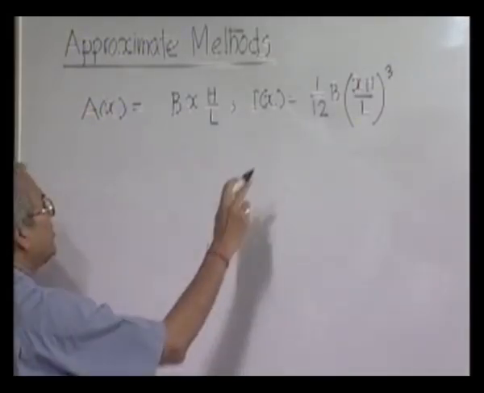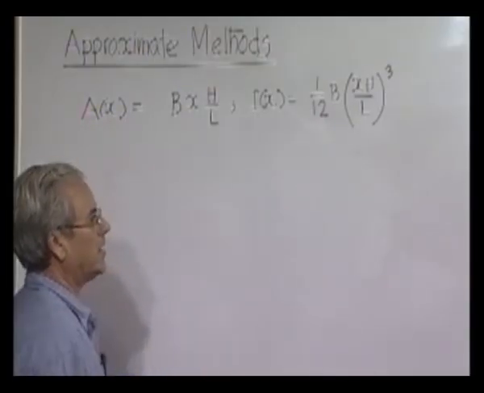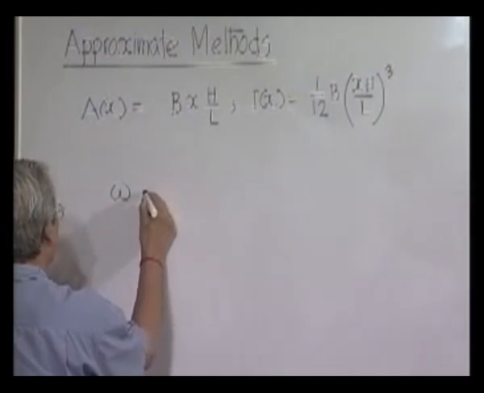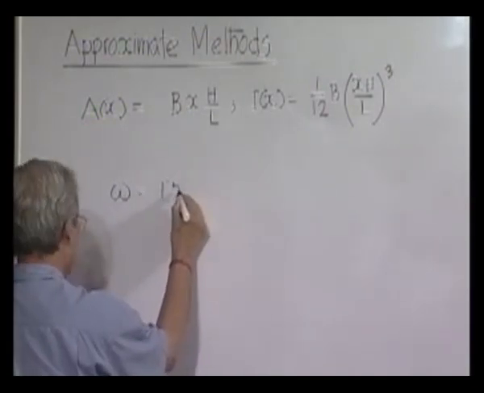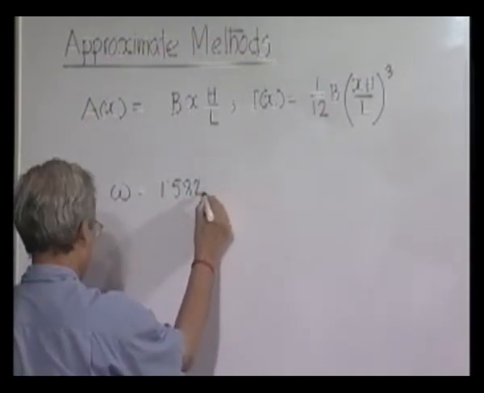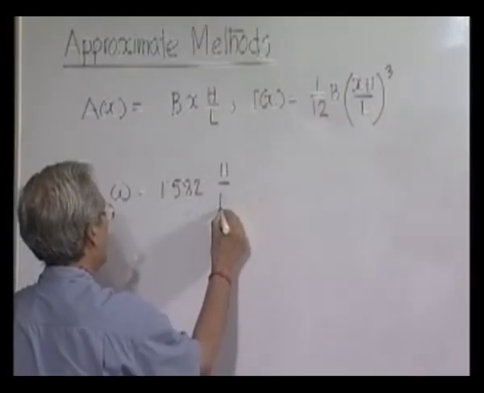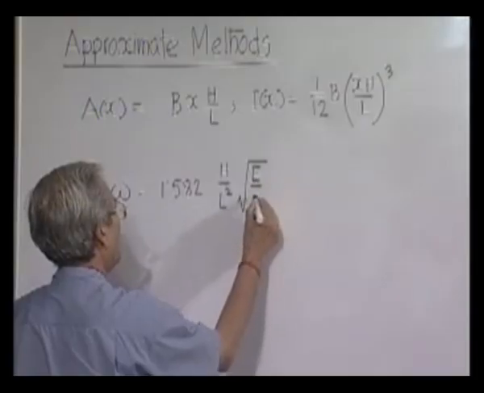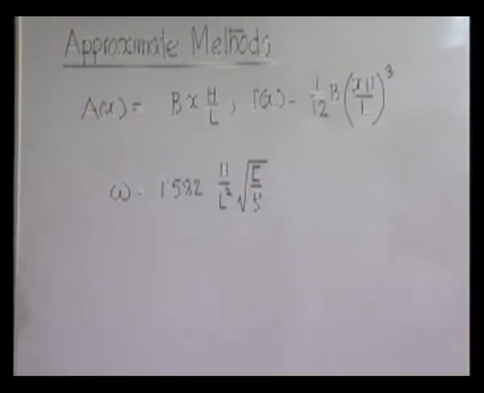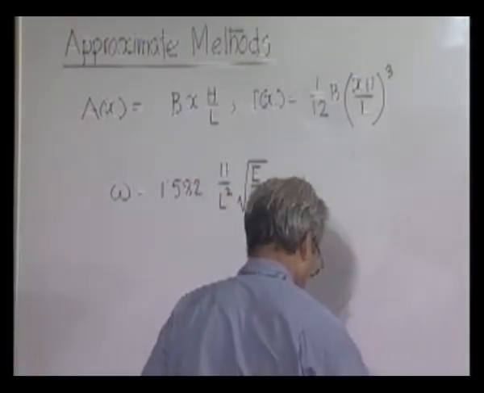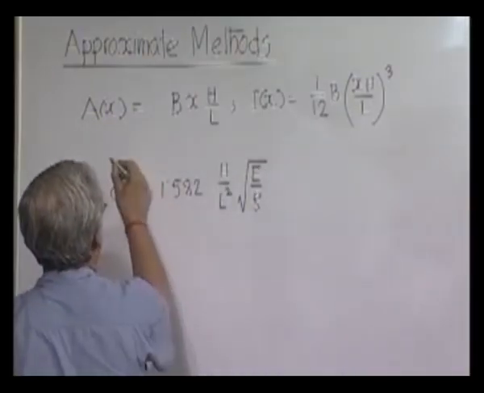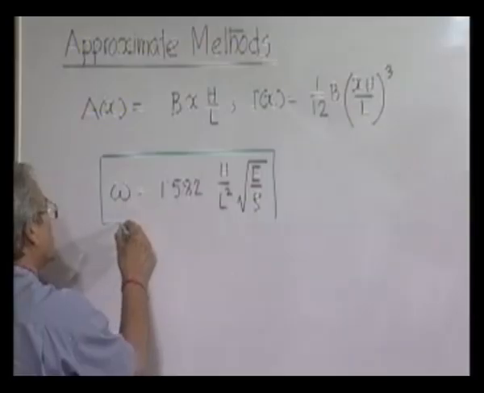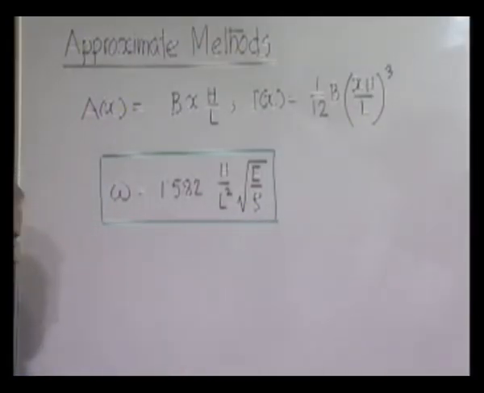So if we substitute this in the expression for omega, we will get omega equal to this. So this is the answer we obtain with that function as the assumed mode shape.